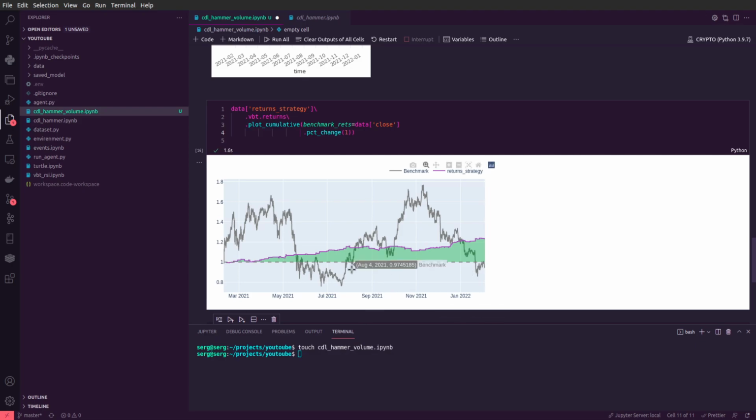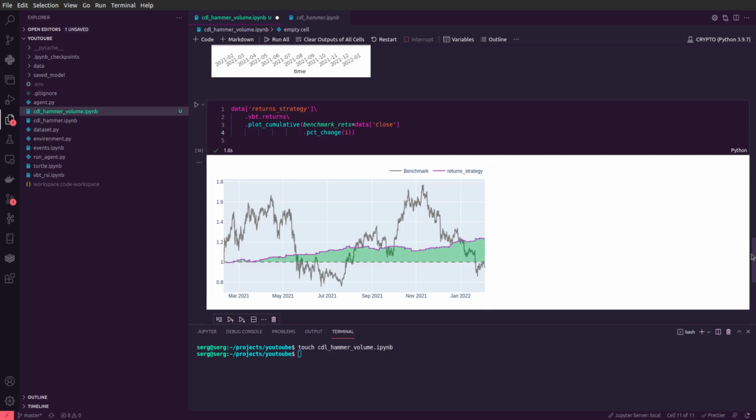So in the green area our strategy is profitable, and the gray line is the returns of Bitcoin USDT, and it's not good for trading and for investing. So we have some alpha factors and we could trade it, but we need to do more analysis and we need to improve our strategy all the time.